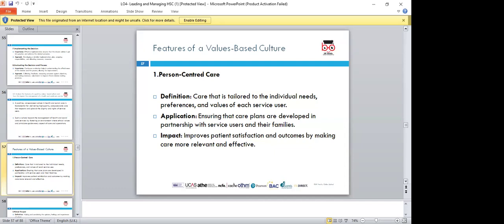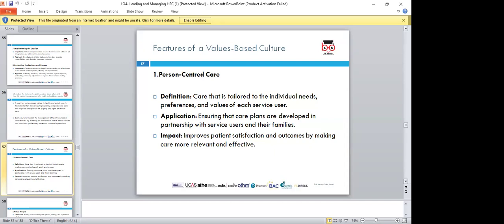So person-centered care is more about individual needs, preferences and choice. The impact is that it improves patient satisfaction and outcomes by making care more relevant and effective surrounding the patient, more of the patient's preferences.